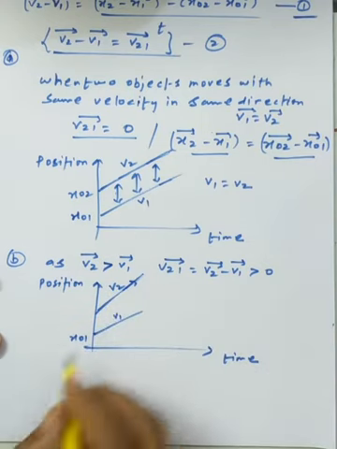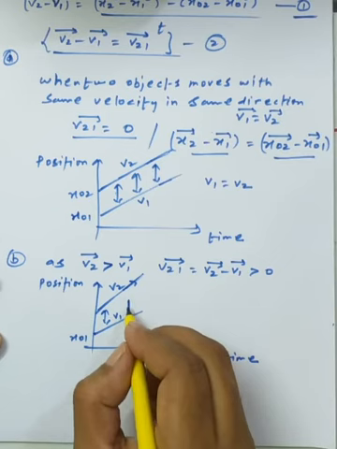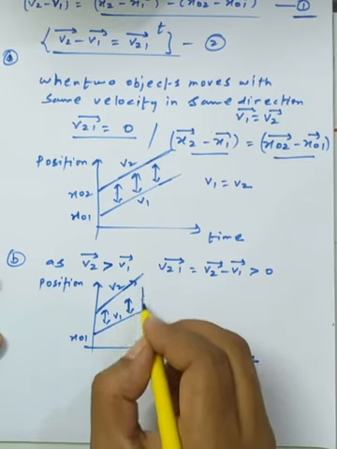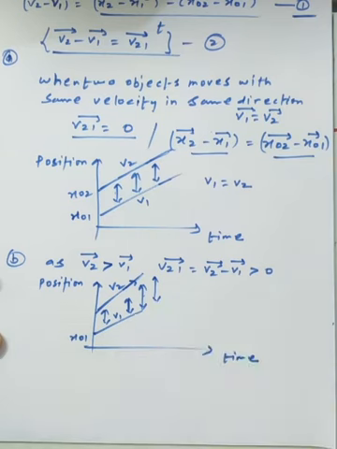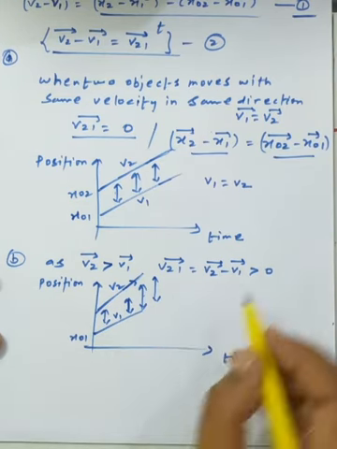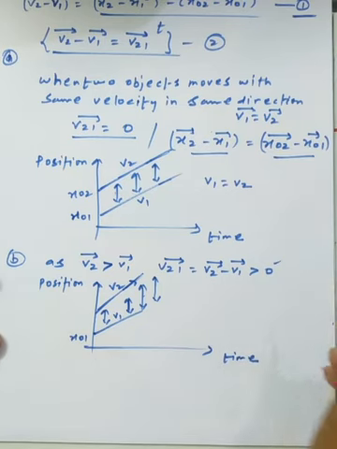So the gap between them gradually increases. Initially suppose they are at the identical distance, then afterwards the change in position increases. In this scenario, the relative velocity of object 2 with respect to 1 will be positive.